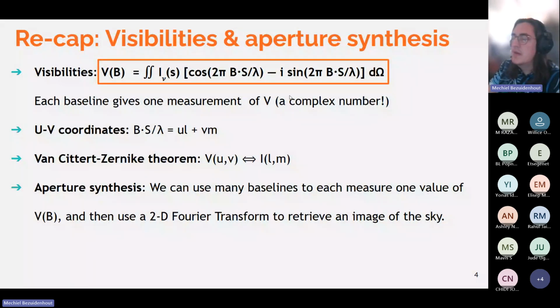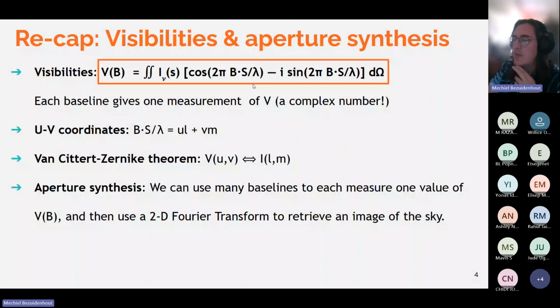And it's a complex number that we measure. So there's a real part which corresponds to the cosine response, and an imaginary part that corresponds to the sine response. And then we use these visibilities all together basically to simulate a single aperture, which we can then apply a Fourier transform to.